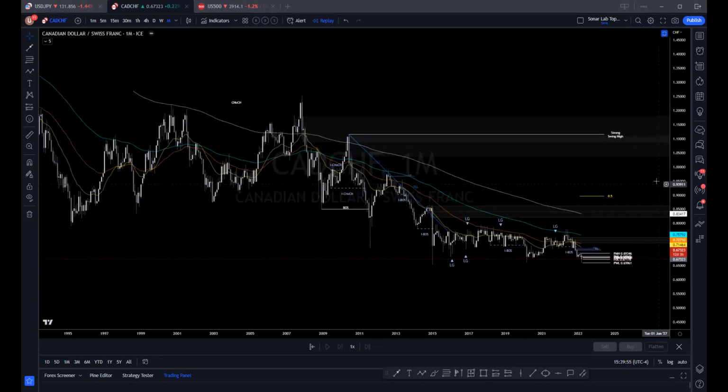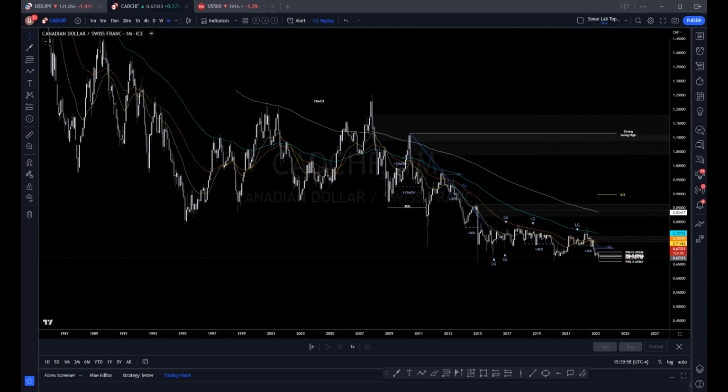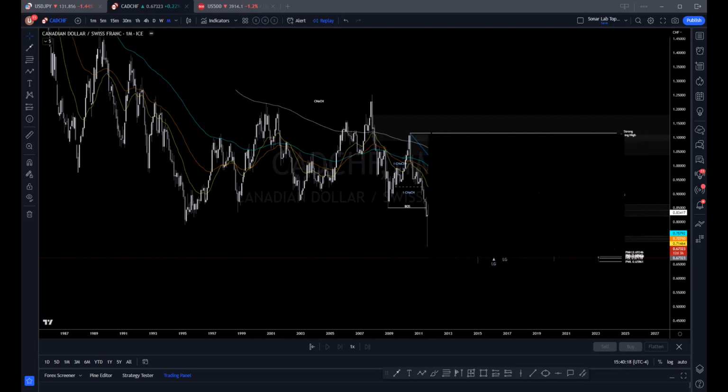I want to break this down because I want you to think as we're in that situation now. This is very, very important. Watch this. So when that happens, what do we have? This swing high and this swing low.